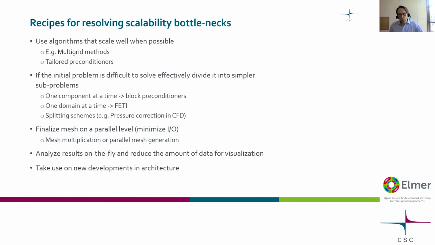For instance, you are often very happy using direct solvers for small tasks, but when you go parallel and go into larger jobs, then that's not a feasible strategy anymore. So you have to use something else.